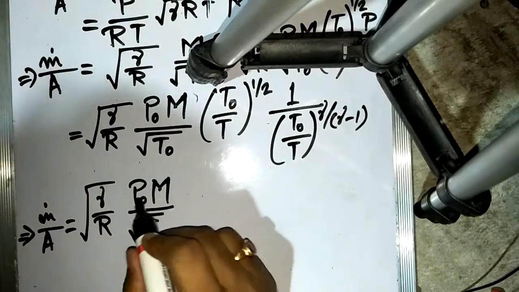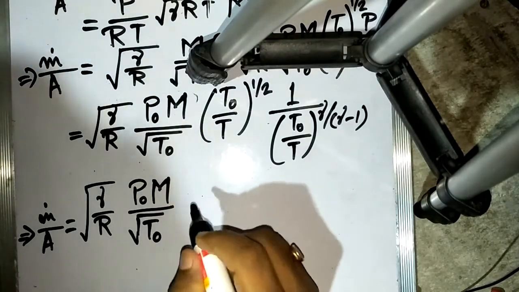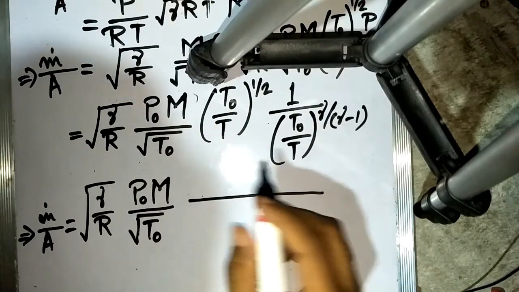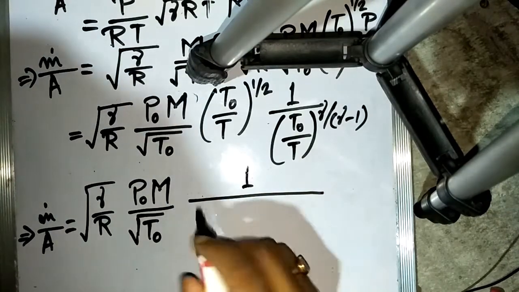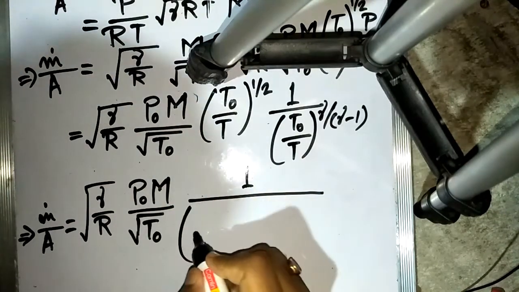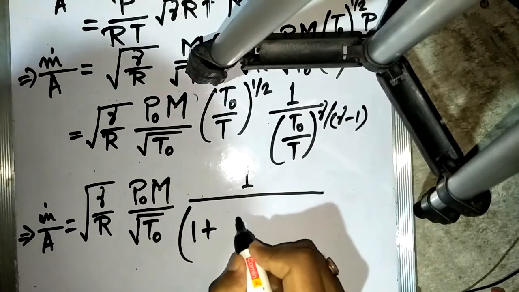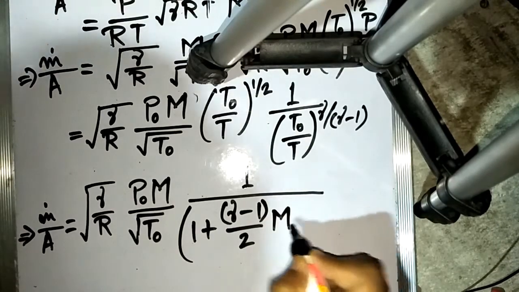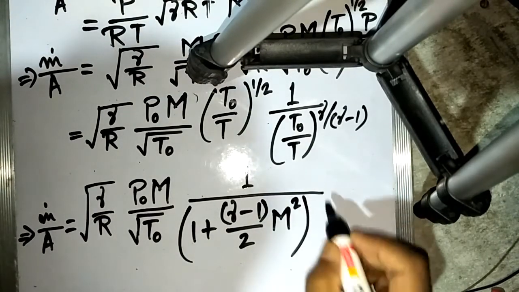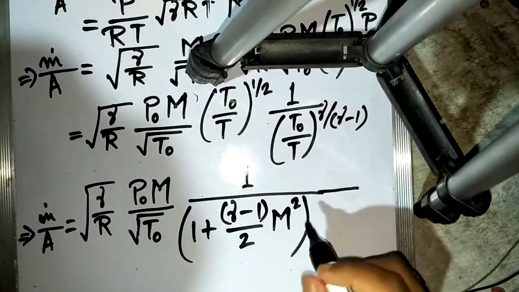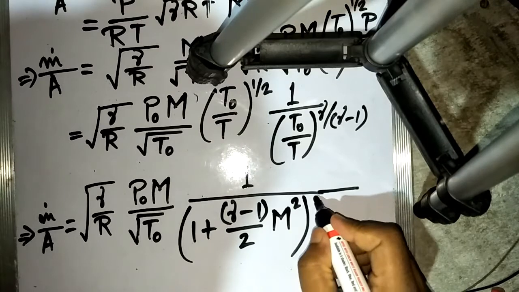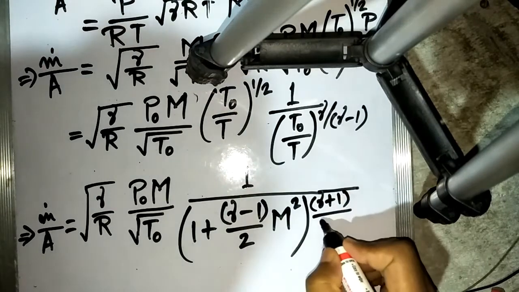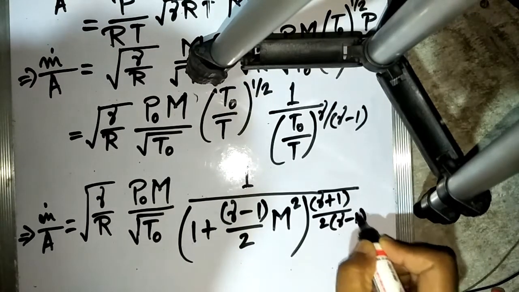Into 1 by 1 plus gamma minus 1 by 2 into M square, a relation that we have already proved earlier, to the power gamma plus 1 by 2 into gamma minus 1.